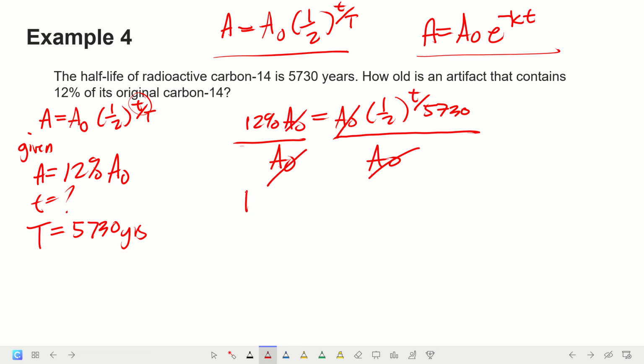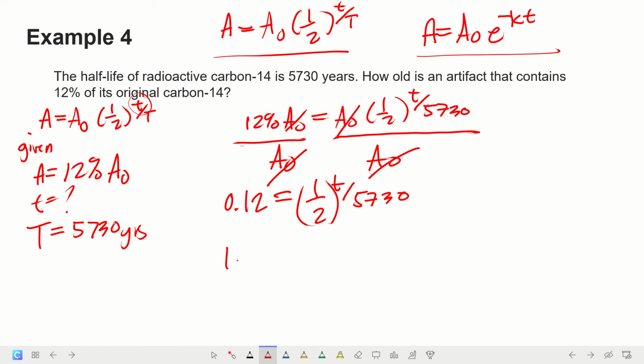So, 12% or just simply 0.12 is equal to 1/2 raised to t divided by 5,730. Since mahirap din hanapan ng common base, we can use the logarithm.